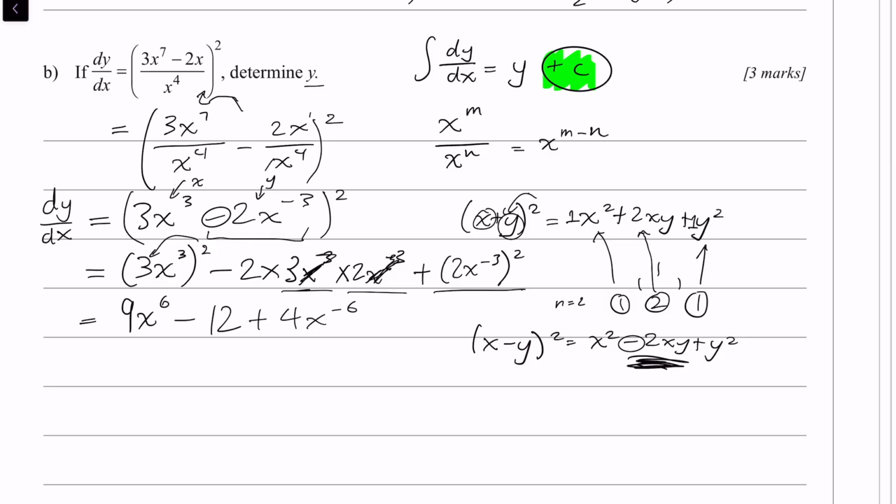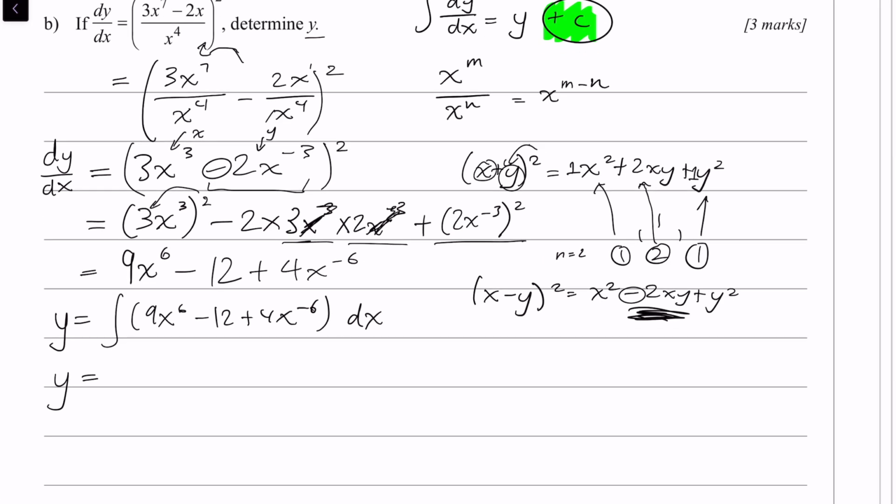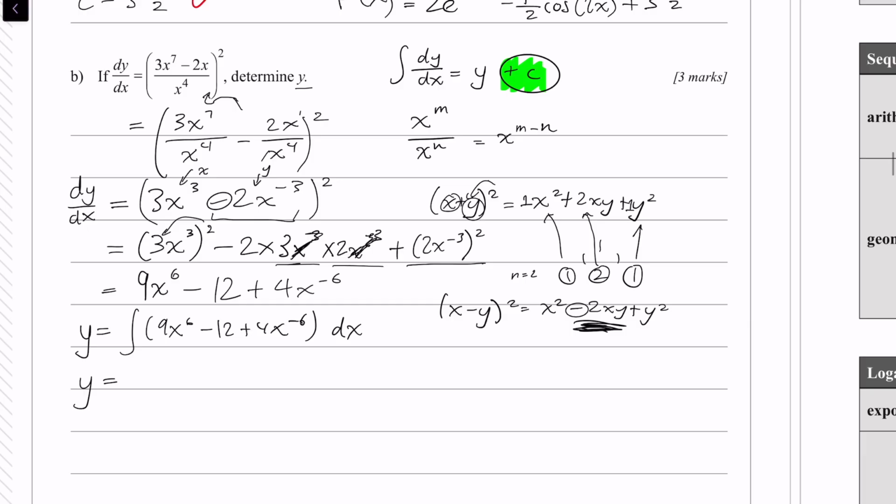And now we're trying to determine y from the question, so we have to take the integral of that in terms of x, and remember our plus c again. And so finally, y is equal to, and then remember our formula for integration.